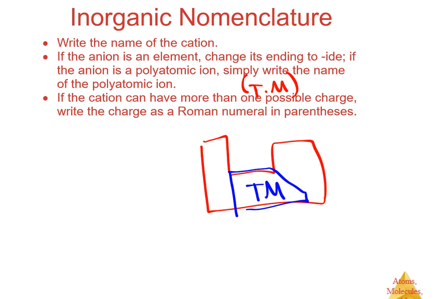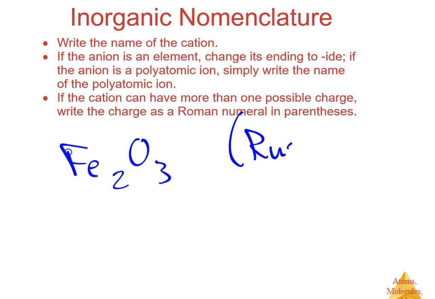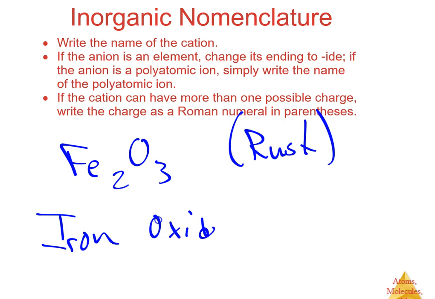So for instance, what we're looking at would be something like Fe2O3. Now, most people call this rust, but that's not its chemical name. So, basic rules would tell us this is iron oxide, right? And for most of the world, that's good enough, but not in this class.